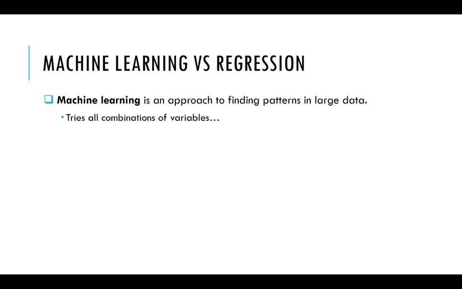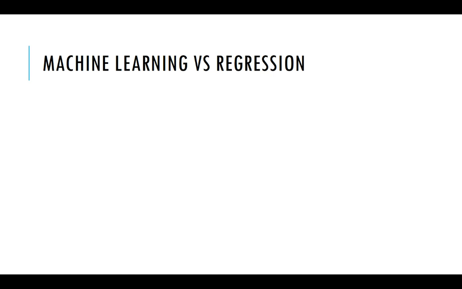When we look at machine learning, it's trying all combinations of variables, right? It's just going through this automated process where it's trying all different combinations of variables to see which combination has the most explanatory power. And then based on that, it creates forecasts. But that's not what we're doing with regression analysis.